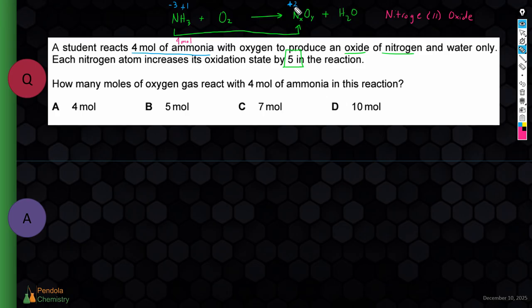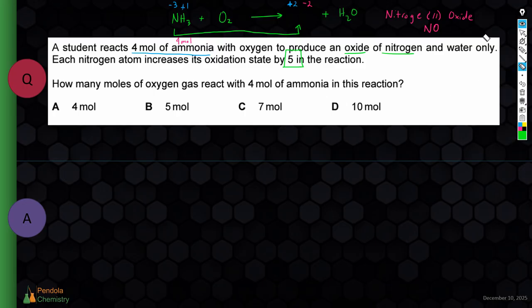If this is +2, then we need 1 of these nitrogens to balance out this oxygen. If the oxygen is -2 and nitrogen is also +2, then that means it's a 1-to-1 ratio between nitrogen and oxygen.